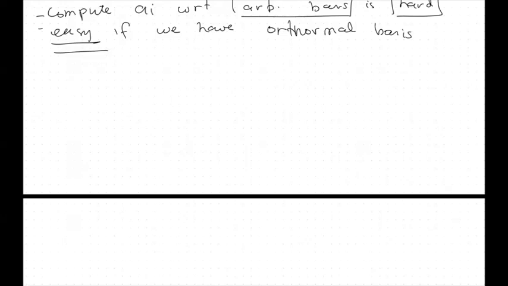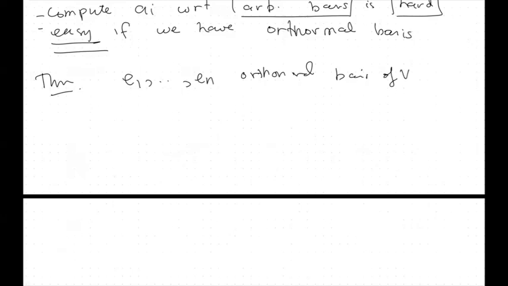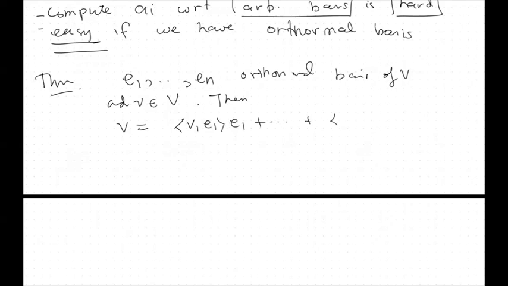So if we have e1 to en, an orthonormal basis of our vector space V, and you have a vector v in V, then we can write v as follows: the inner product of v with e1 times e1, plus up to the inner product of v with en times en.